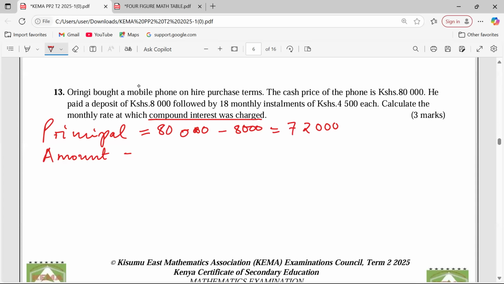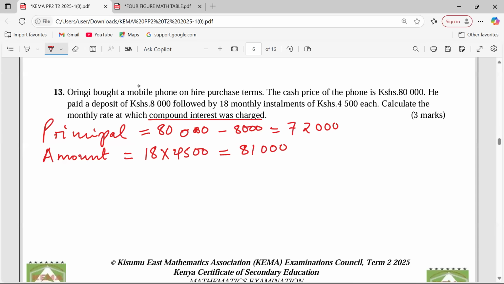Instead of paying a balance of 72,000, this gentleman called Orinki ended up paying in 18 months 4500. So we will have 18 by 4500, 81,000.